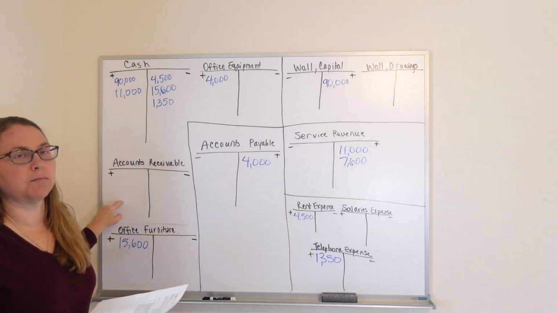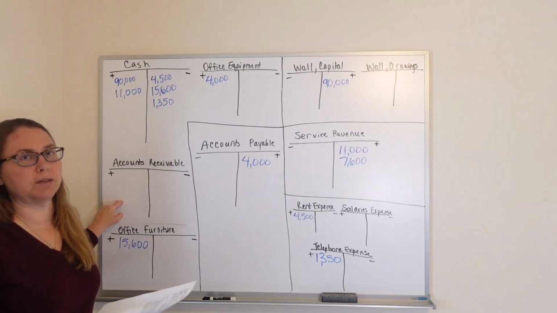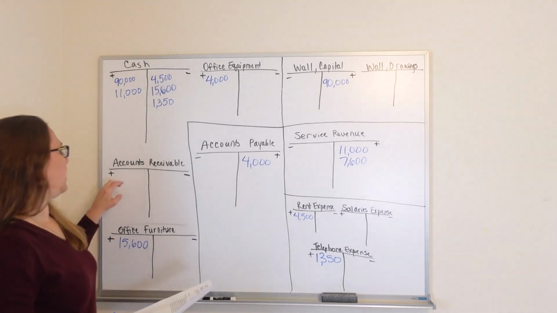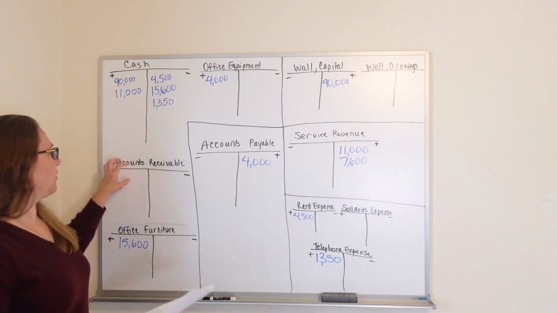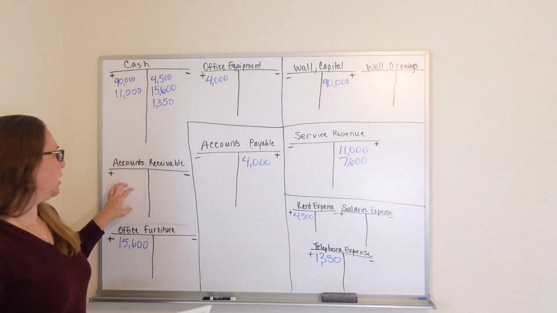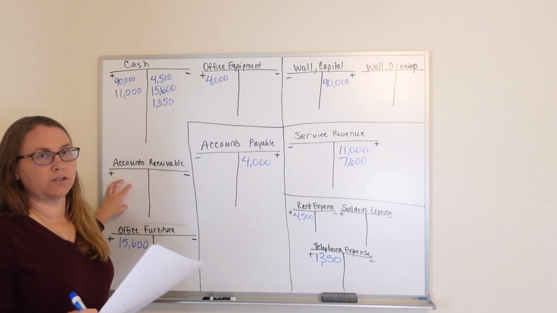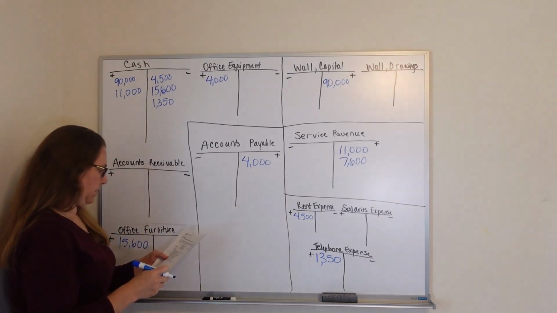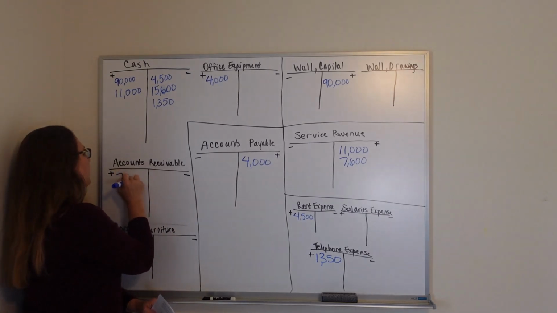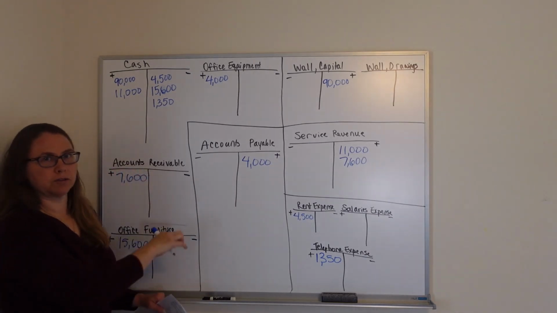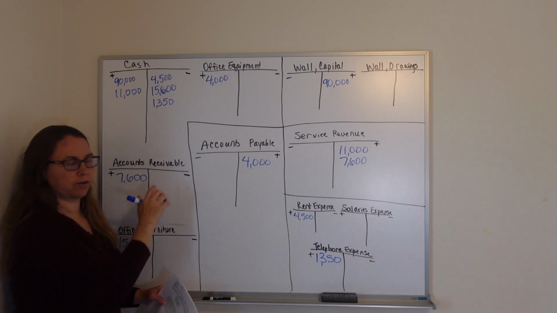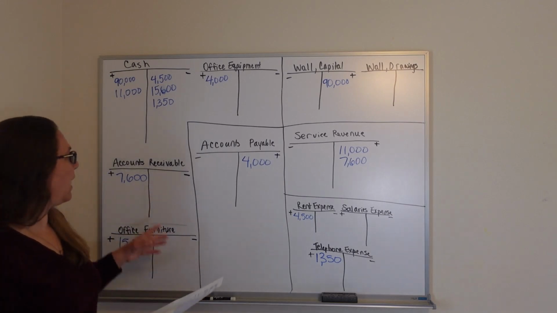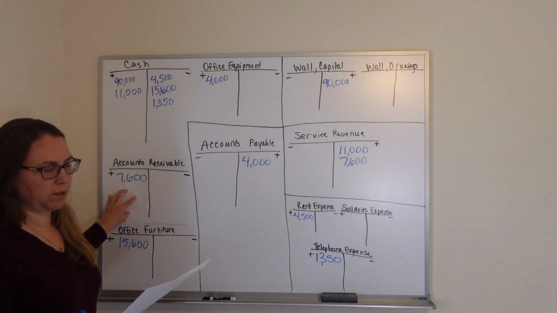So accounts receivable represents money owed to the business by customers, and we're increasing, just think of this as customer debt. We're increasing the customer debt. So we're gonna add to it with a debit. And as those customers make payments, we'll do the opposite, we'll do a credit. But for now, we want to show that they owe the money with a debit.